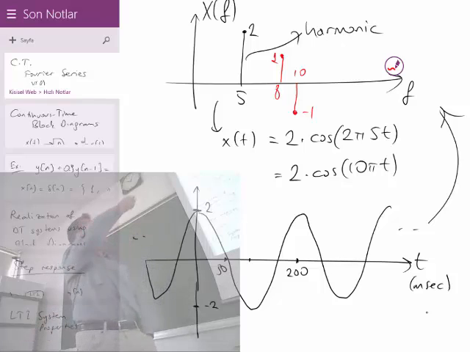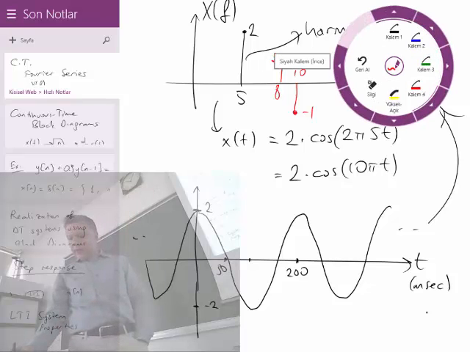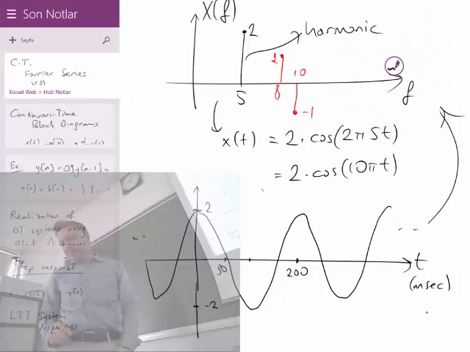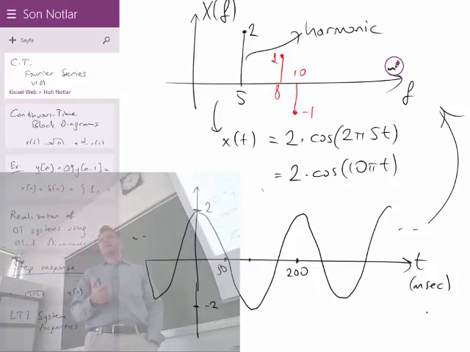So if it contains like that 3 harmonics, then it would be a combination of 3 sinusoids, 3 cosines for this case. One of them will be at 5 hertz, the other one will be at 8, and the other one will be at 10.